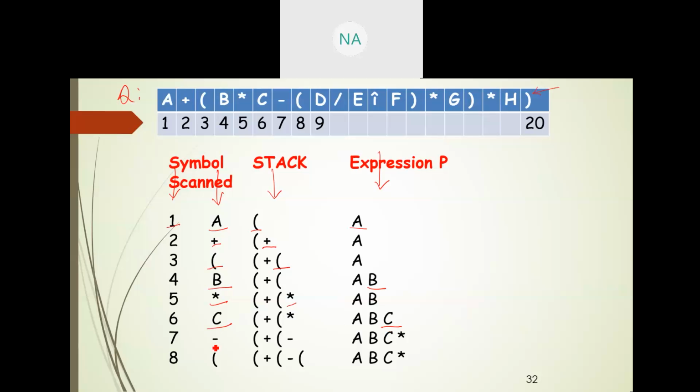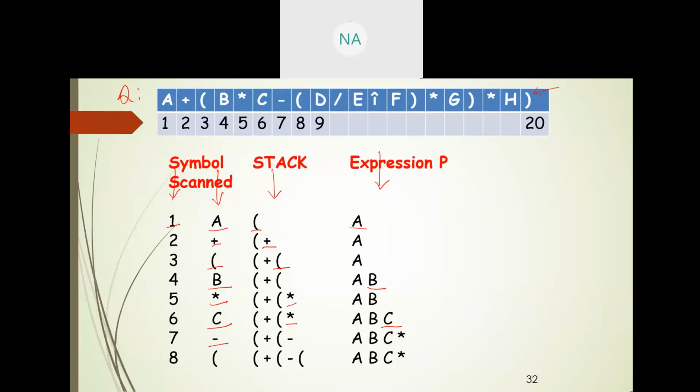The next symbol is the minus operator. So now an operator is encountered. At the top of the stack we have another operator, multiply, and the precedence of multiplication is higher than the precedence of minus.